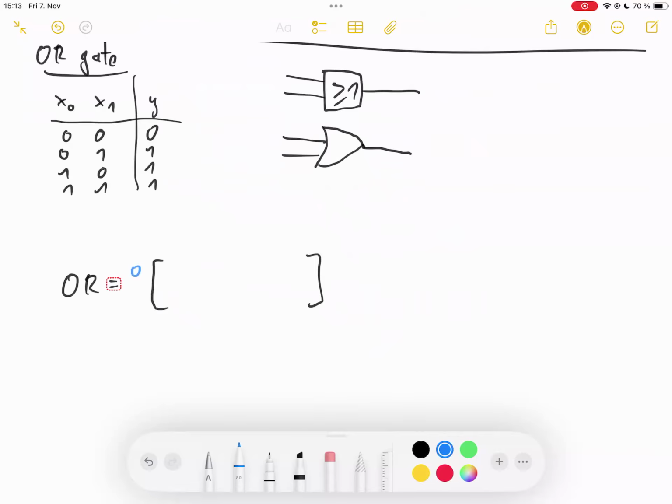Remember, two outputs 0, 1, and the inputs 0, 0, 0, 1, 1, 0, and 1, 1. And I want you to think about what this matrix could look like, maybe without looking at the slides, but you can think about how I can map these inputs to the correct outputs. And if you have the four entries of this matrix, you can send it here to the chat.